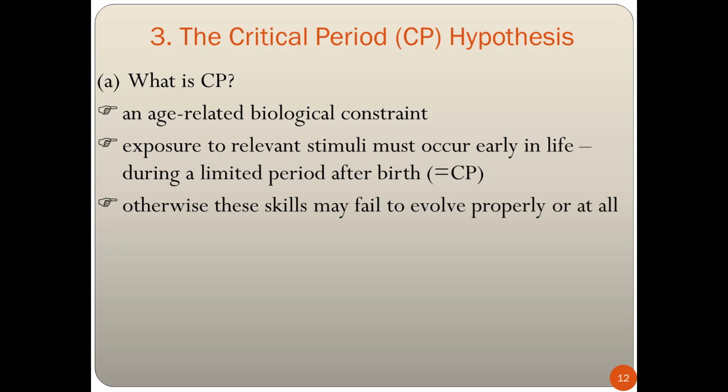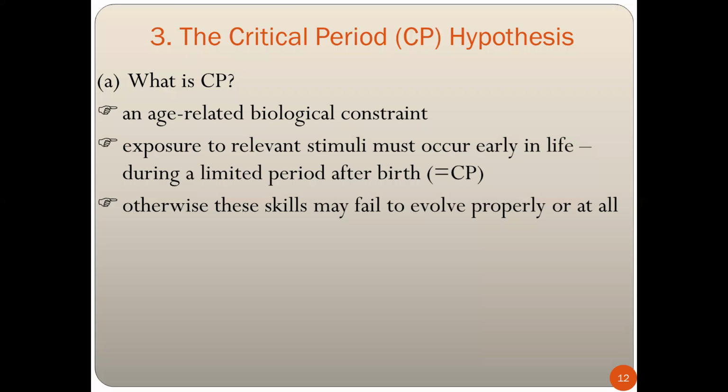One example is vision. There have been some experiments, I think very cruel experiments, but that was a while ago when people used to do these things. So in one study, they covered the eyes of a newly born kitten, and the eyes remained covered for several months. And when they removed the cover, the cat remained blind.